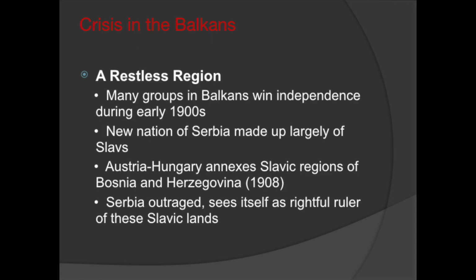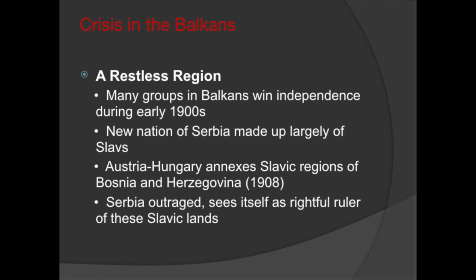Now, World War I is also a story of crumbling empires, specifically the Austria-Hungarian Empire. For hundreds of years, Austria-Hungary ruled an area called the Balkans, but many Balkan ethnic groups won their independence in the early 1900s. One of these countries was Serbia.